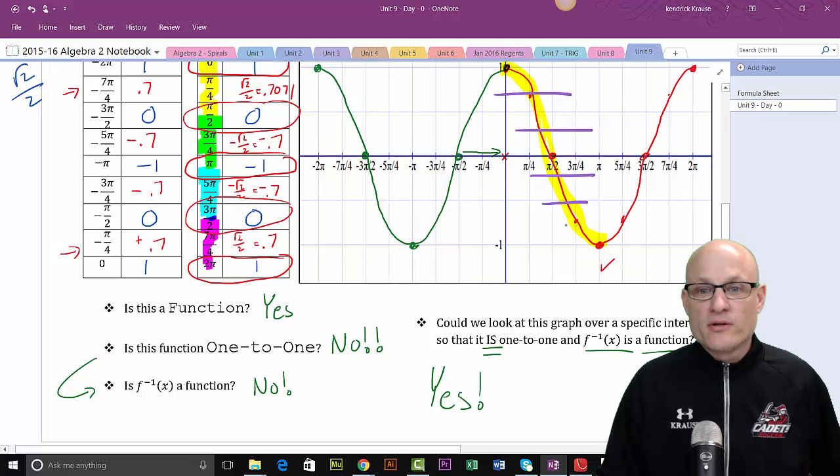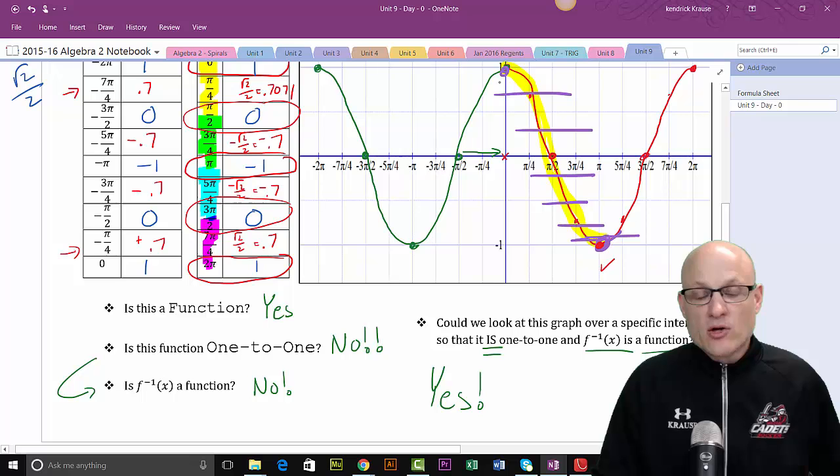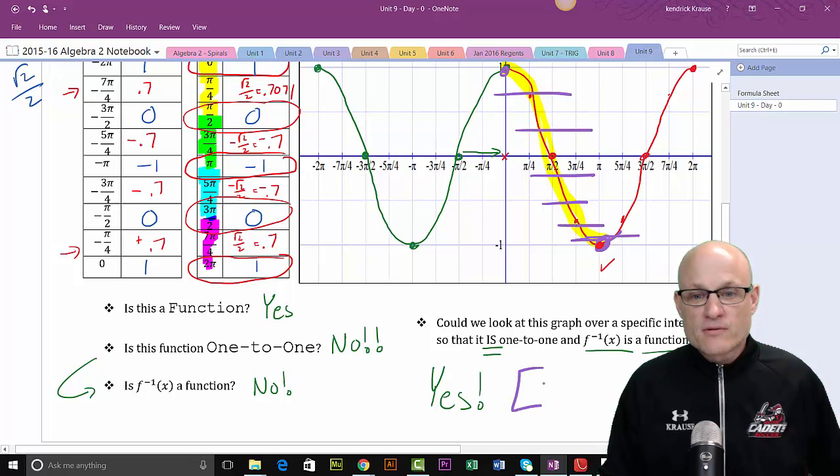But if I was to go past it and actually graph this part, it hits again. So we can only graph from here to here, or from 0 to pi. That's where we're going to graph from.